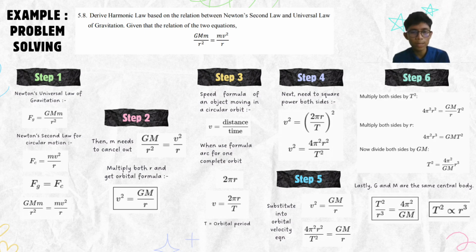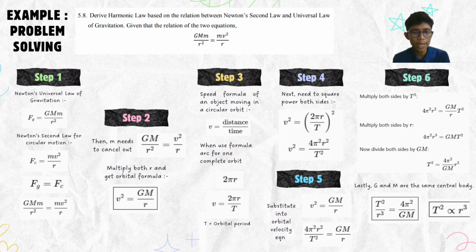Finally, for step 6, we rearrange the equation to obtain T squared equals 4 pi squared over G M times r cubed.